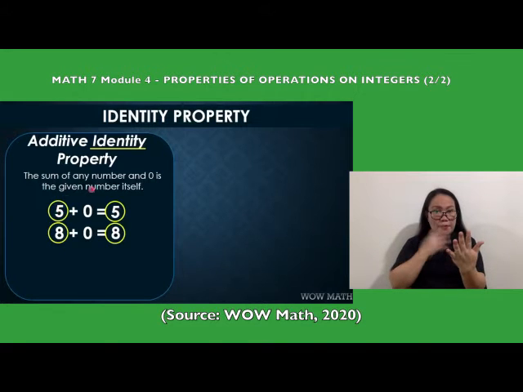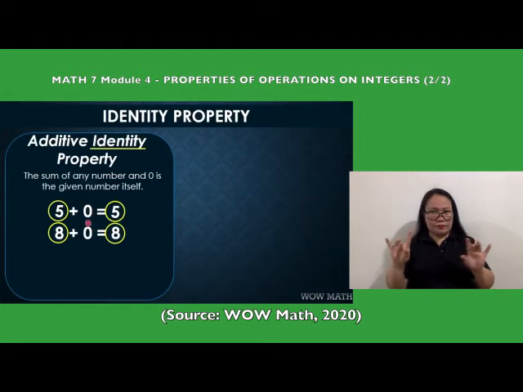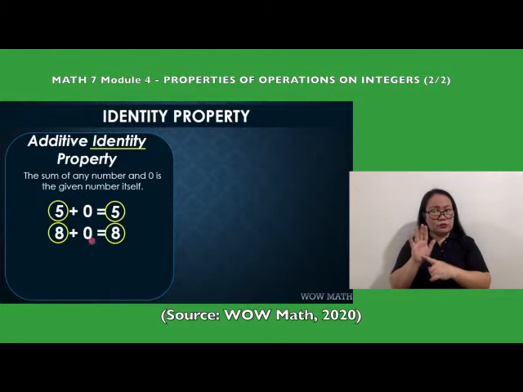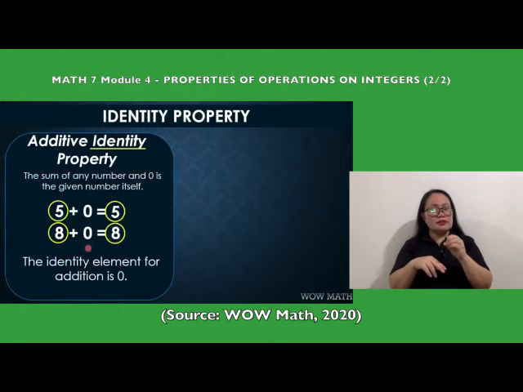So, 5, the result is 5. 8, the result is 8. But take note, if you will add 0. So, ang tanong dito, kailan tayo nagkakaroon ng additive identity property? So, dapat take note, ano dapat ang i-add natin sa kanya? So, para ang result niya ay identical sa kanya or ma-prove natin yung additive identity property, ano ang i-add natin sa kanya? Correct. That is 0.